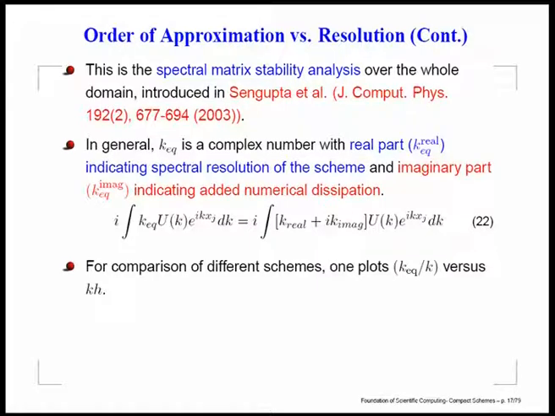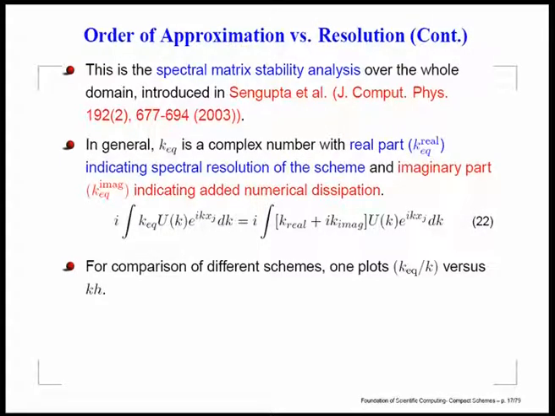So, in a sense, I think we did develop a spectral matrix analysis, stability analysis over the whole domain. This is important because local analysis is good, but in the long run what you need to know is how you are solving the problem in the full domain, and you would know how each alteration at one point can affect the other points. So, this is what we need to do.